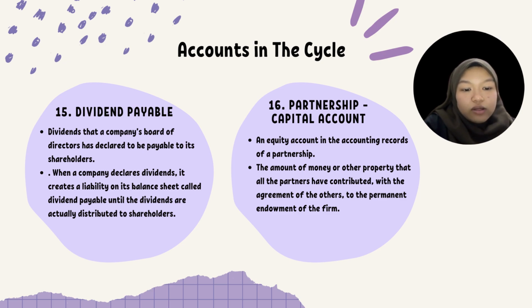The capital account also includes each partner's share of partnership profits or losses, as well as any withdrawals or distributions taken by the partners. Essentially, it represents each partner's ownership stake in the partnership and is used to determine each partner's share of the partnership's assets and liabilities.